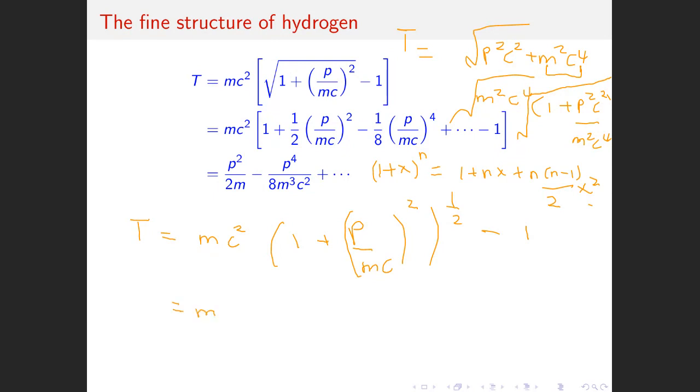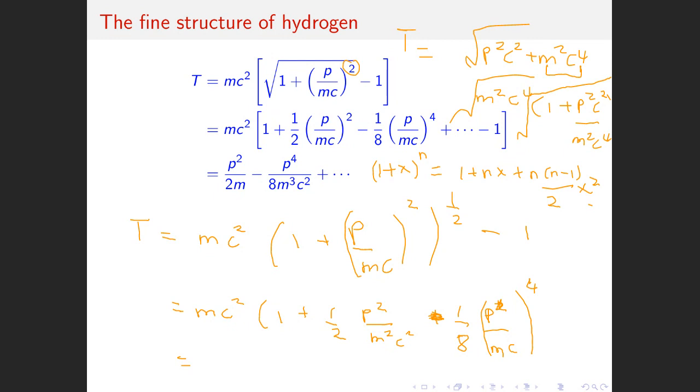So this will give you mc² times 1 plus one half p² over m²c², plus, since this term is half times half minus 1 over 2, minus 1/8, times p over mc squared, squared, so this should give you p⁴.